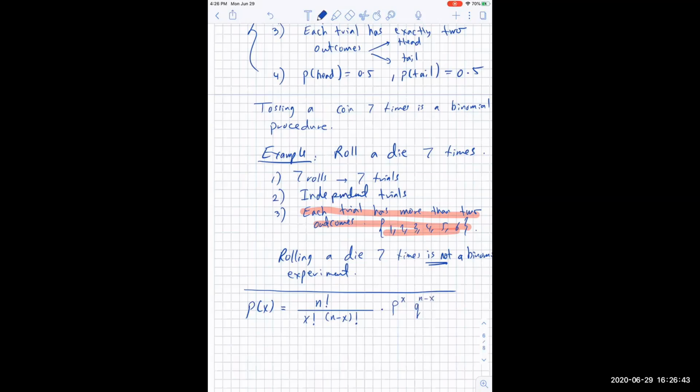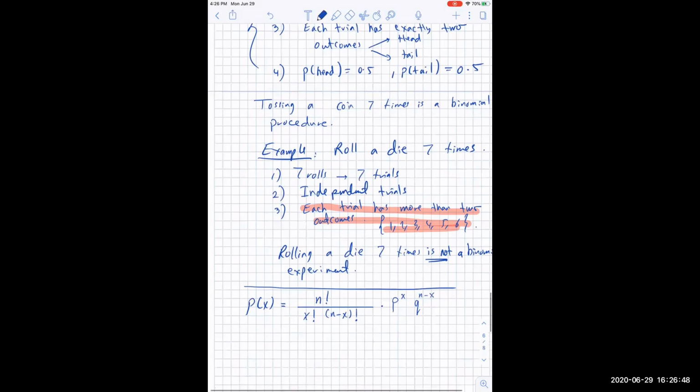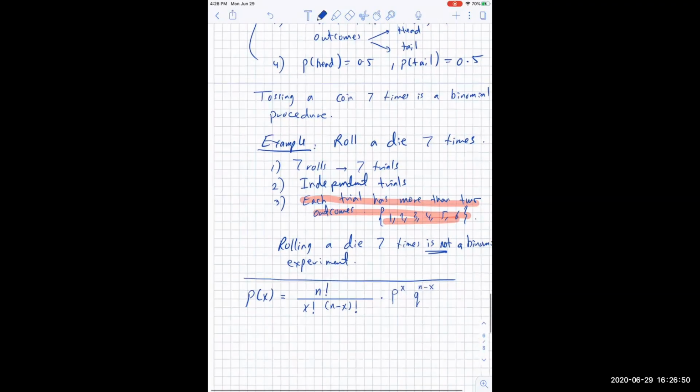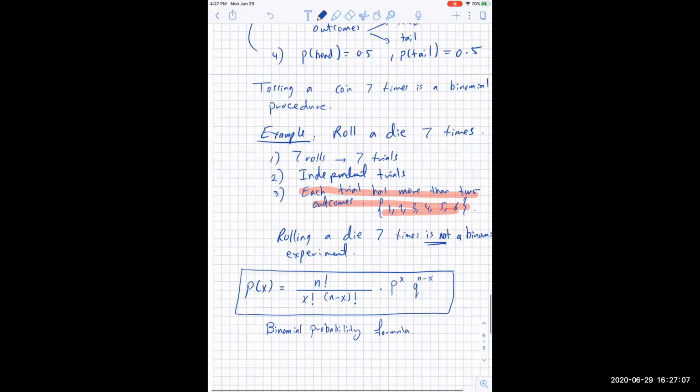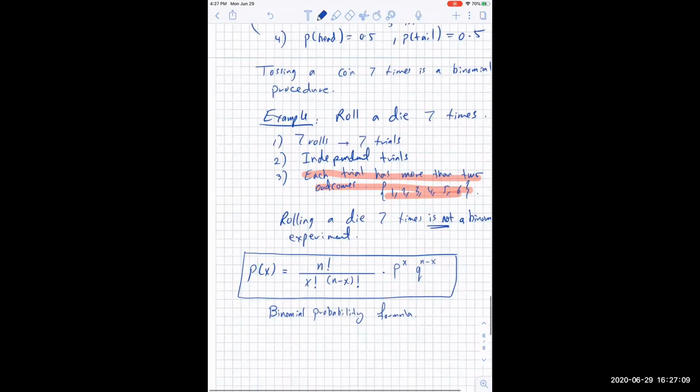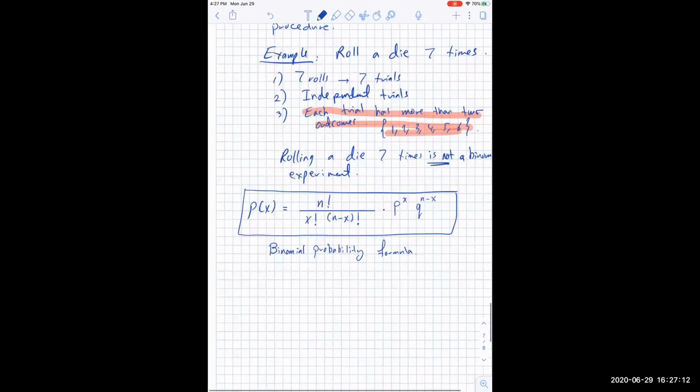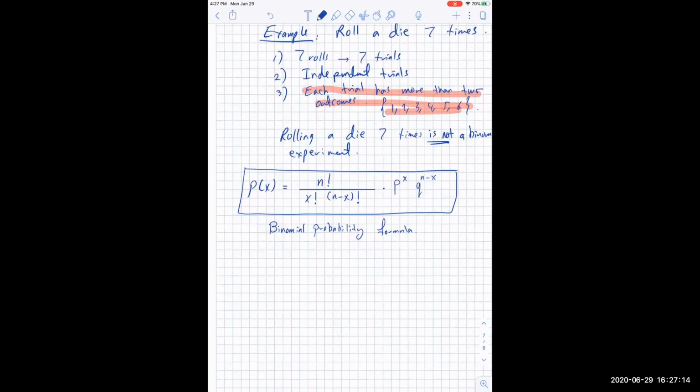This is called the binomial probability formula. Let me, guys, give you an example on using this formula.